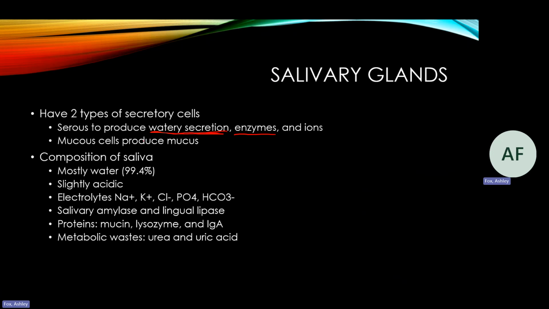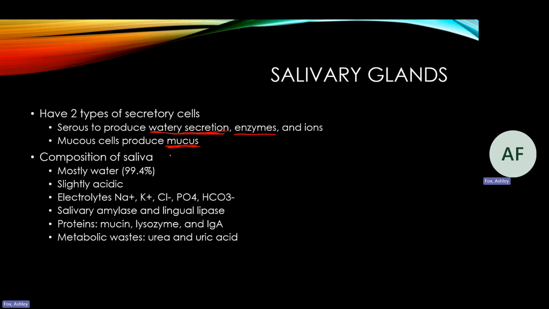Then you actually have the second type of cells, which makes it a little mucusy. So saliva can be a little thicker. Obviously, it's thicker than water, and sometimes if you're a little more dehydrated, it can be even thicker. So it just helps smooth movement of the bolus down through the pharynx and the esophagus into the stomach.